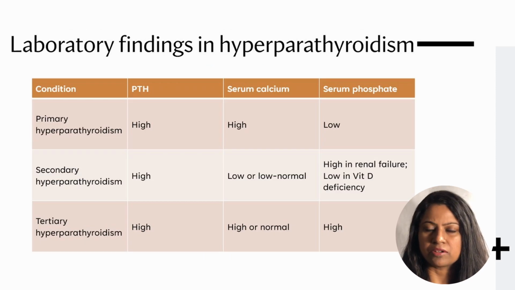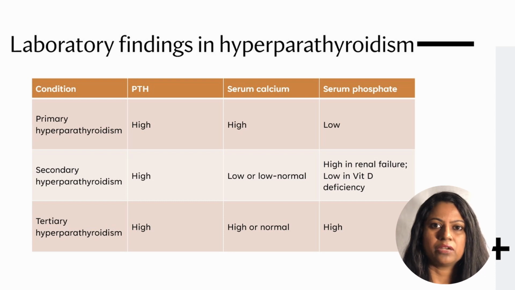Let's look at the laboratory features in hyperparathyroidism. While investigating hyperparathyroidism, we need to look at the levels of PTH, serum calcium, and serum phosphate. Irrespective of the cause, in all cases of hyperparathyroidism, the PTH in serum will always be elevated.